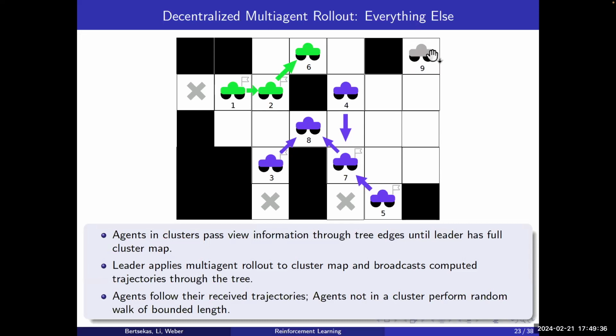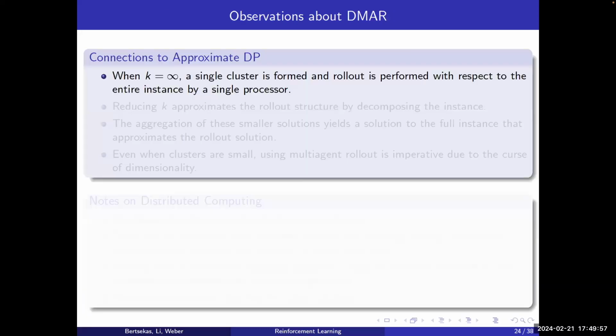I mentioned that agent 9 was too far away to join a cluster, so it remains gray. So this agent here would start moving randomly, whereas these agents would move according to the trajectories computed by their respective leaders. Okay, so that is the algorithm at a high level.